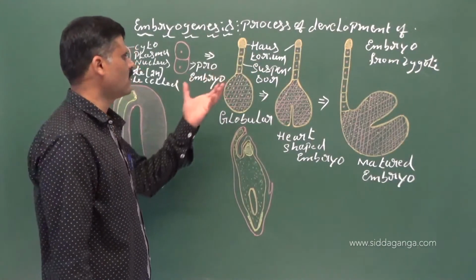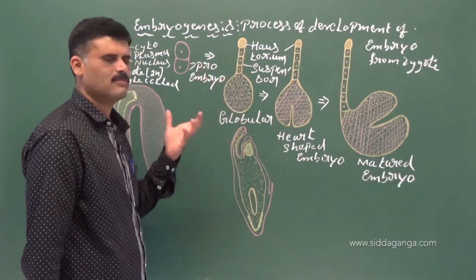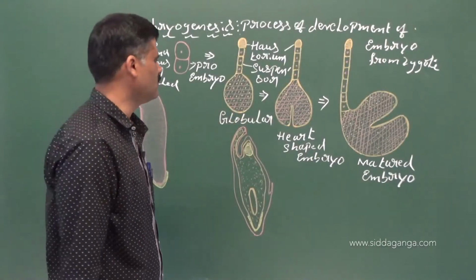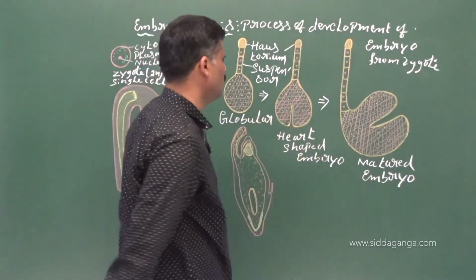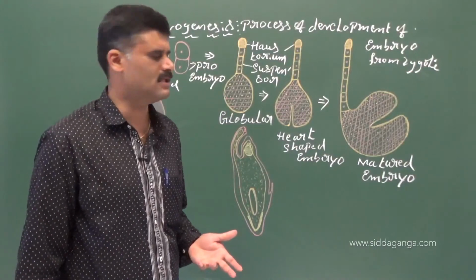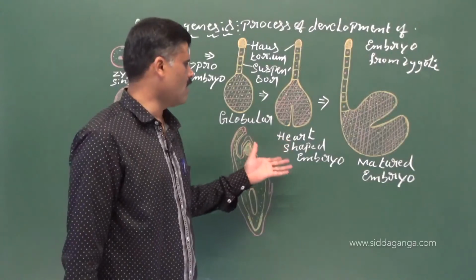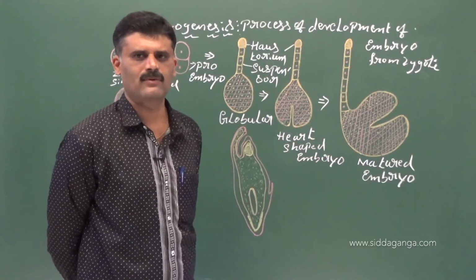The ostomium is firmly fixed inside the embryo sac towards the micropylar region, and other parts of the embryo develop towards the chalazal end in the embryo sac. Next, the globular embryo, after its formation, also undergoes continuous division to form the heart shaped embryo. Then the heart shaped embryo further develops into a matured embryo.